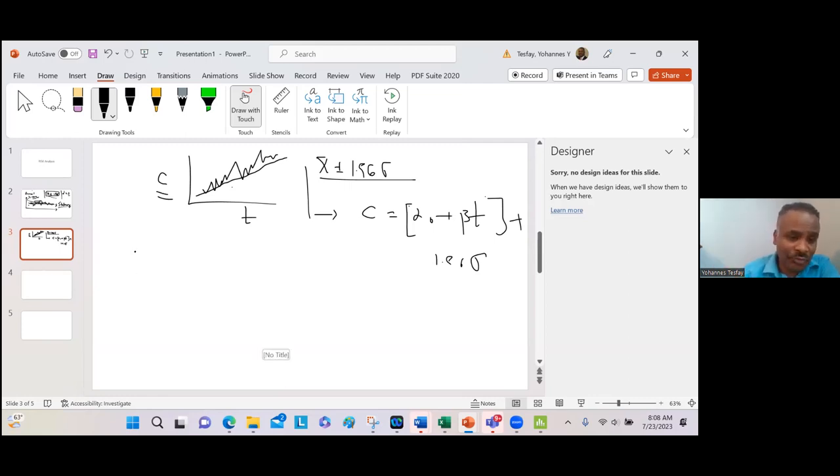Let's say random walk የሚባል ሞዴል አለ። random walk.